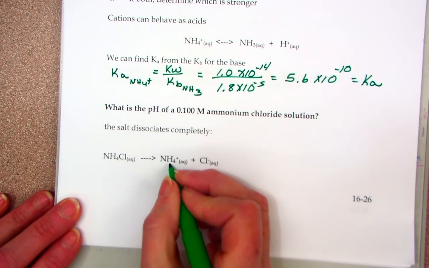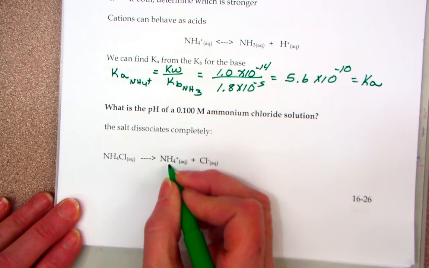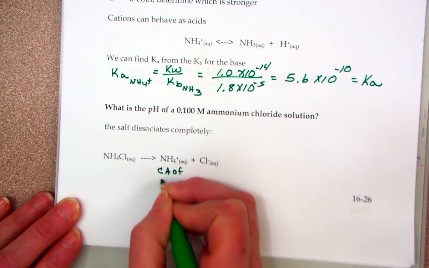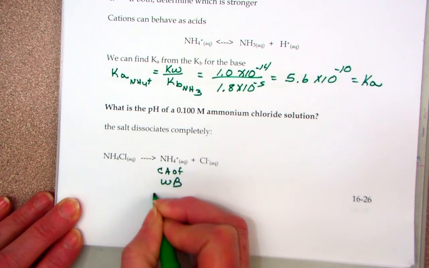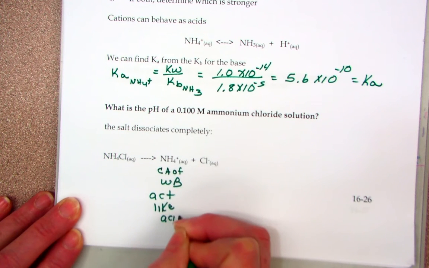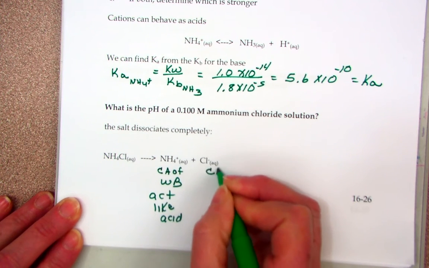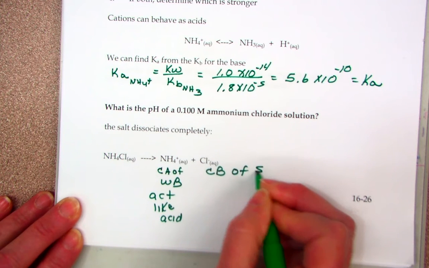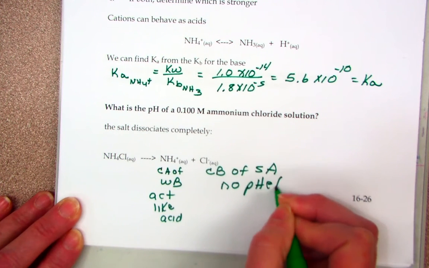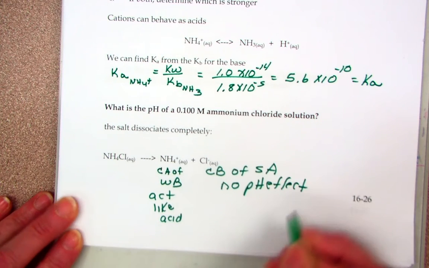Now we look at them and say, well, what are they, acid-base speaking? This is the conjugate acid of a weak base, so it will act like an acid. This is the conjugate base of a strong acid, so it has no pH effect. It will not do anything to affect the pH.